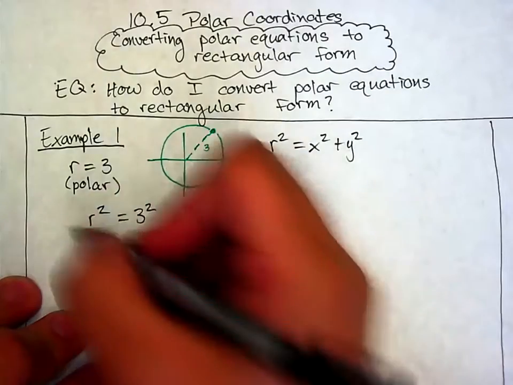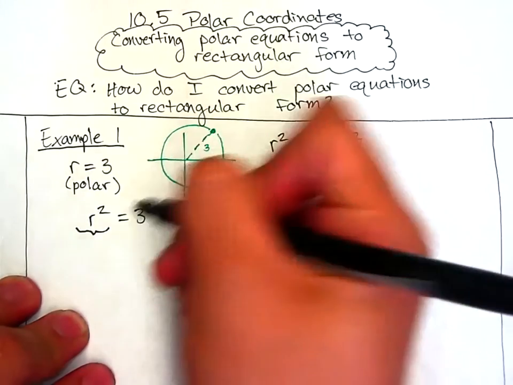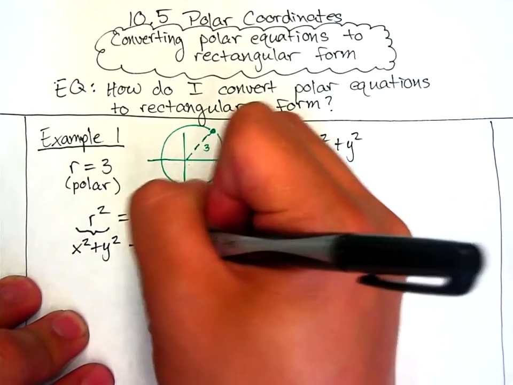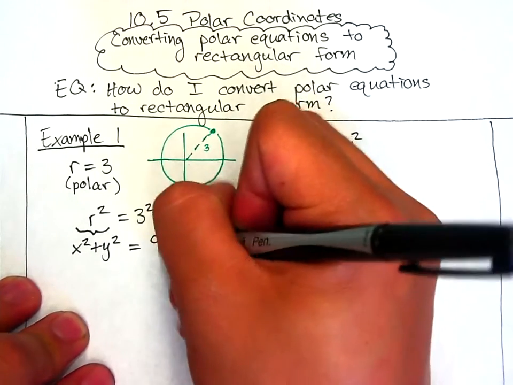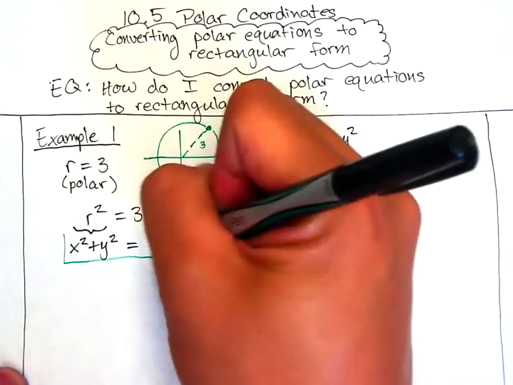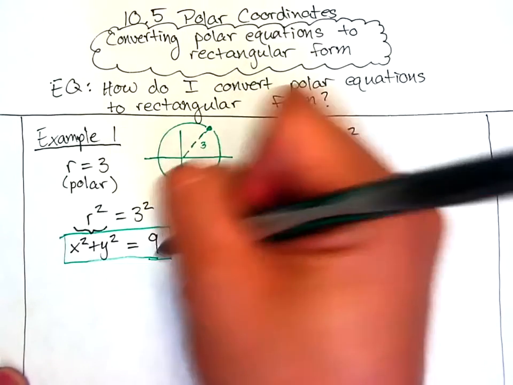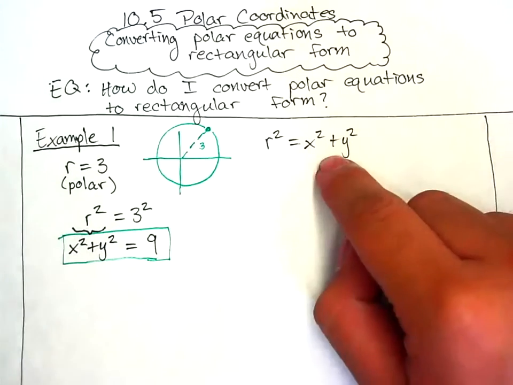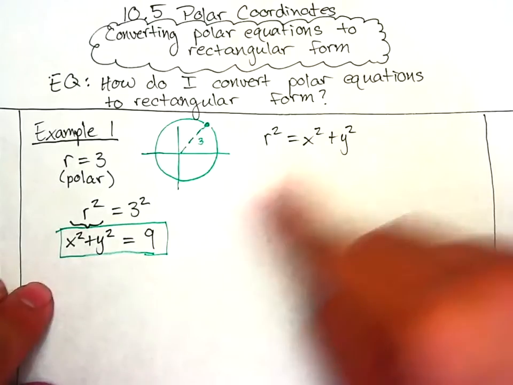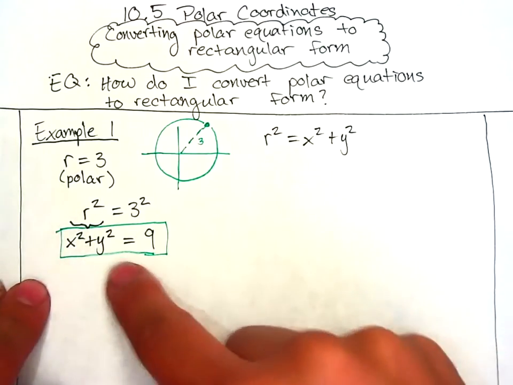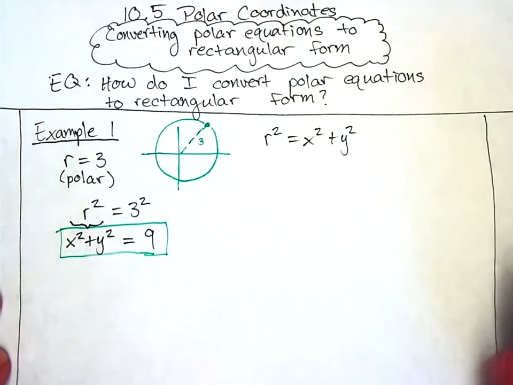I replace r squared with x squared plus y squared, and that's going to be equal to 9. And just like that, that actually is the rectangular form for my polar equation. Sometimes you just need to remember this equation over here, and that way you get to replace and substitute and find your rectangular form. So now we have the equation of a circle with a radius of 3.